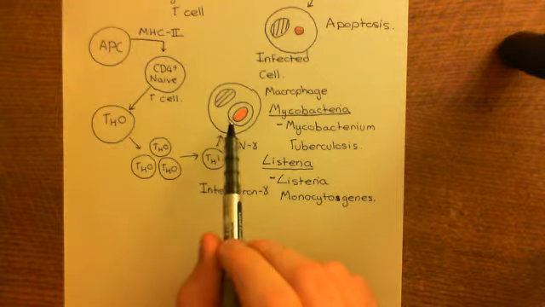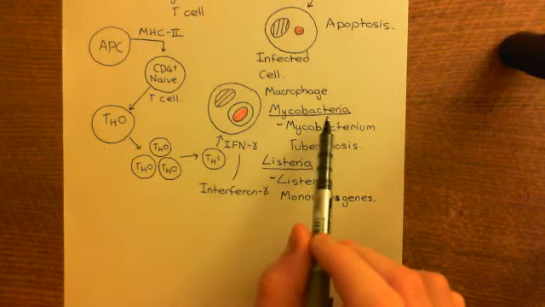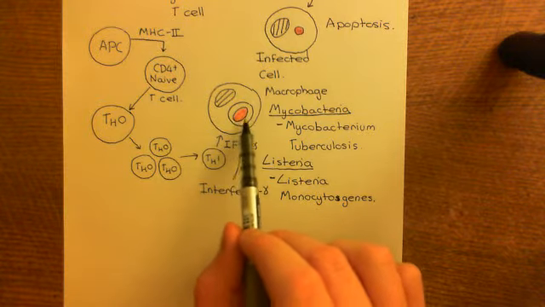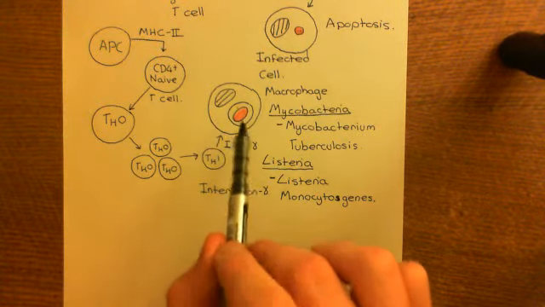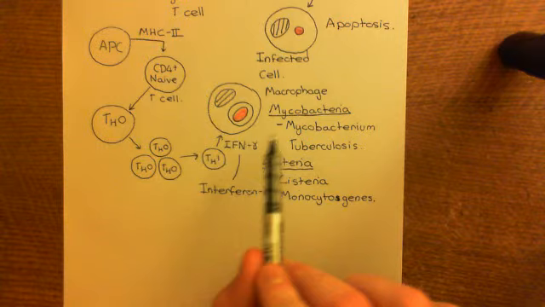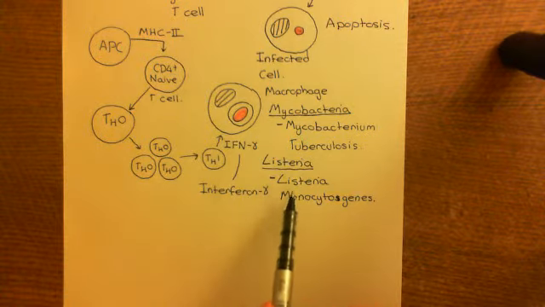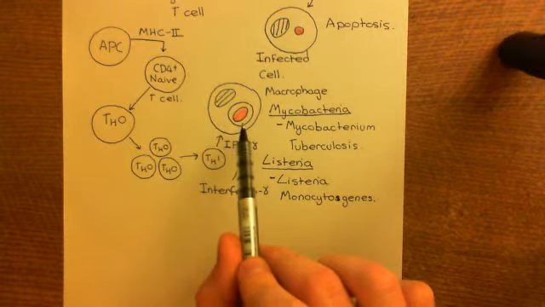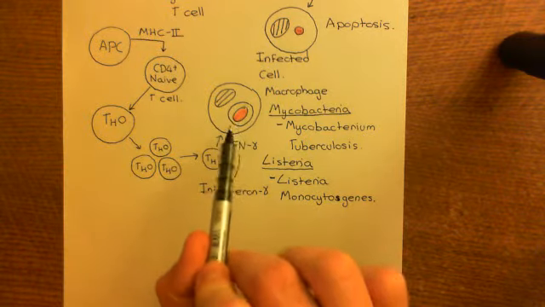And it's incredibly important for this case where you have intracellular pathogens which are living within phagosomes. The interferon gamma will go to the macrophages which have these intracellular pathogens living within phagosomes, and it will tell them to, come on, just destroy this.